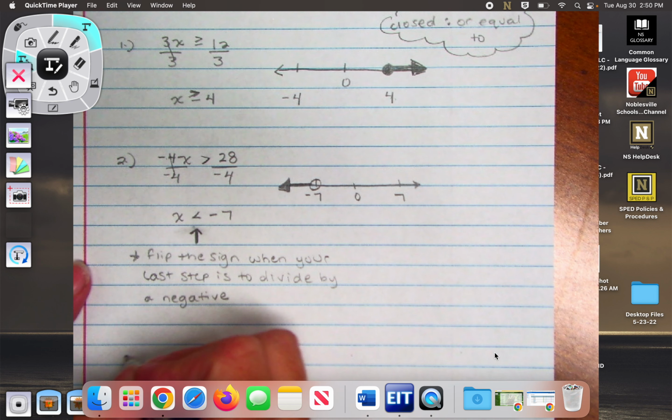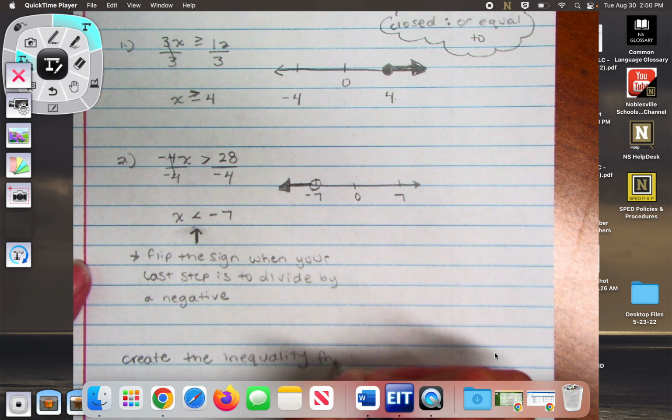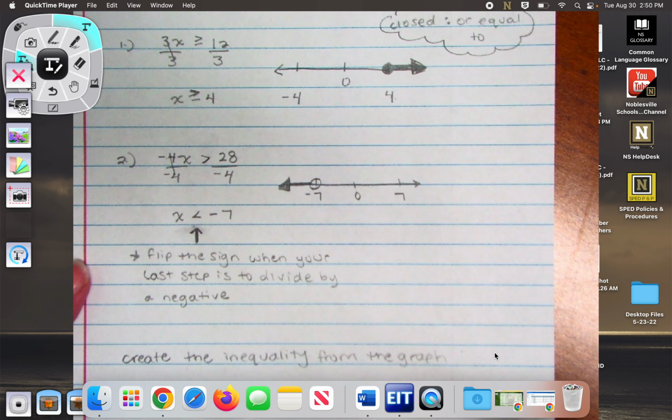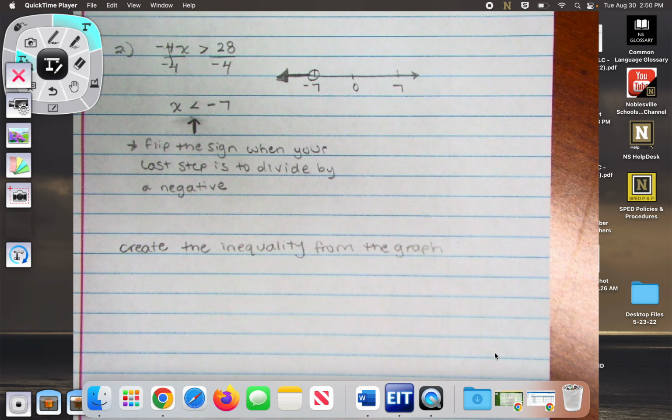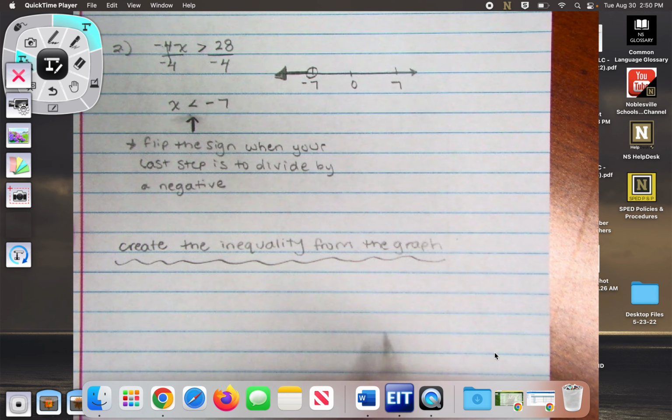So another thing you're going to have to know how to do is to create the inequality from the graph. So these notes are going to look weird because by the time we're done with them, you're not going to be able to tell that you created the inequality from the graph, because it's just going to be a graph next to an inequality, but we're going to talk through it. So hopefully it'll make sense. Let's put little squiggles under this to draw our attention.